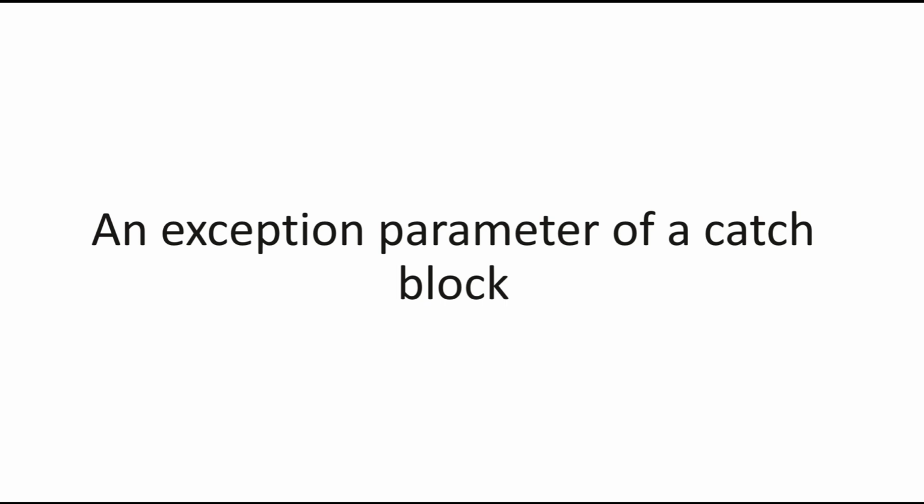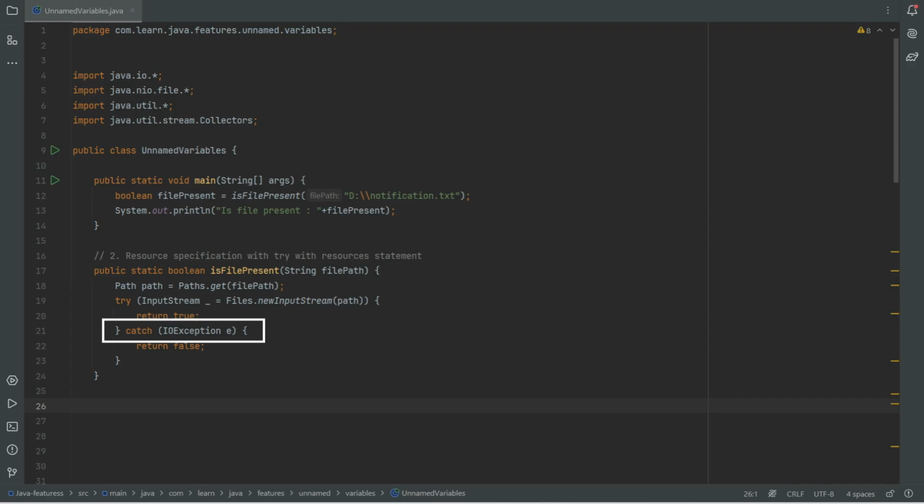The unnamed variables can also be used to represent the exception parameters of the catch block. Here you can see that in the catch block, we have declared one parameter named e, which is of type IOException. And in the catch block, we are not going to use this parameter e.